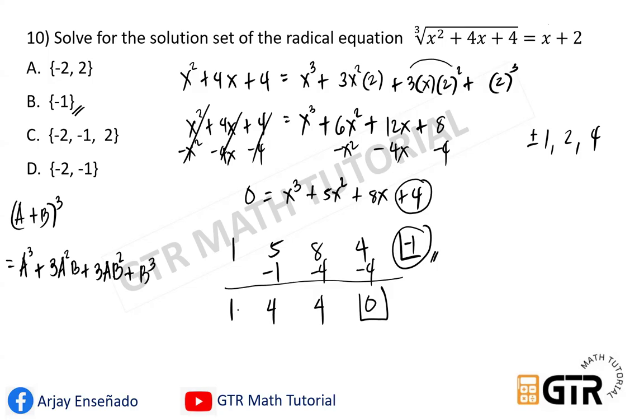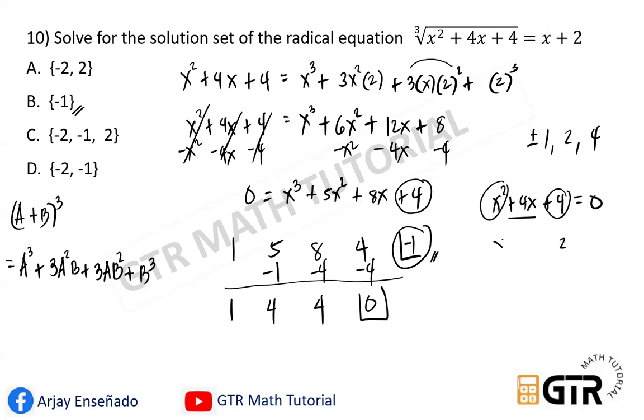So put back the variable. We have x squared plus 4x plus 4 equals 0. As you can see, this is a perfect square trinomial because the middle term is equal to twice the product of the square root of 4 and the square root of x squared. Square root of 4 is 2.